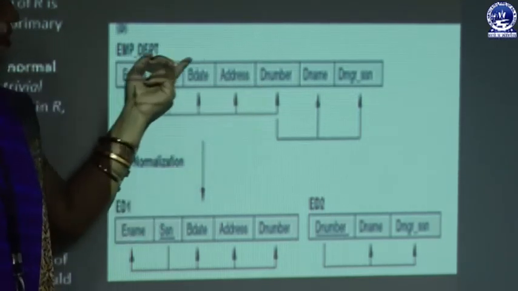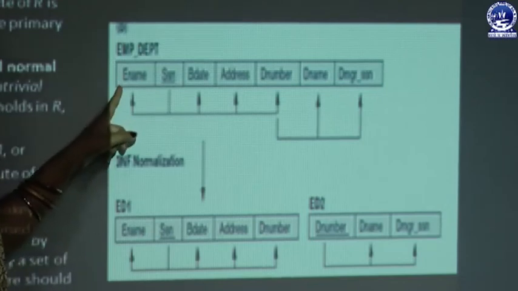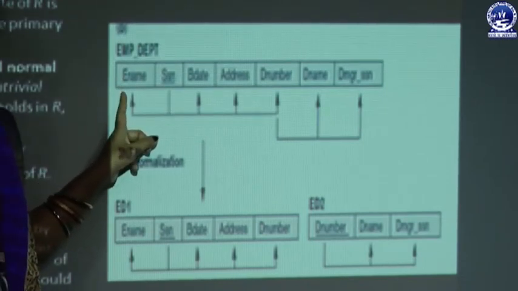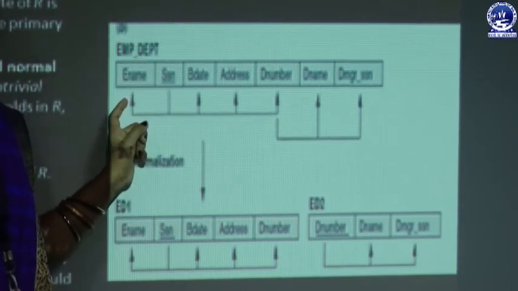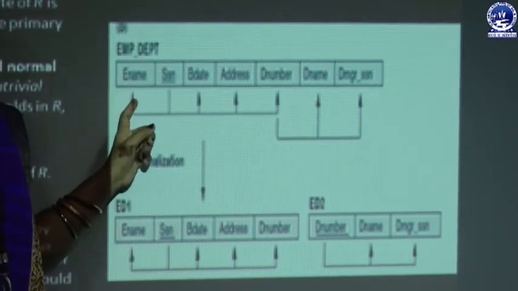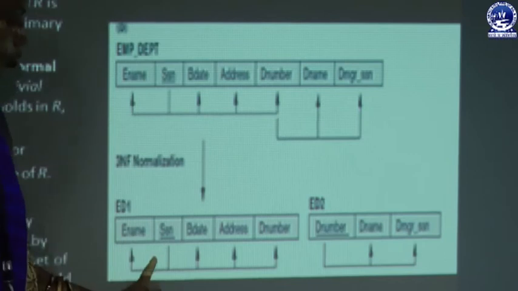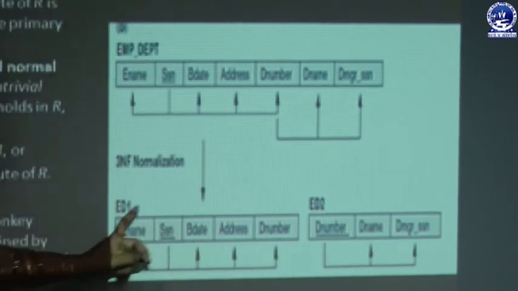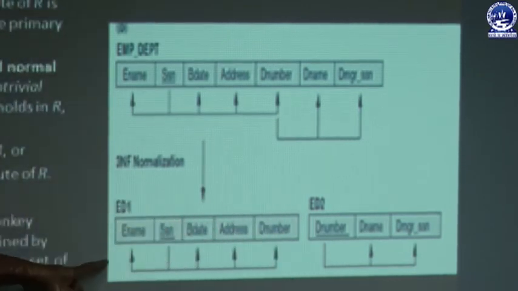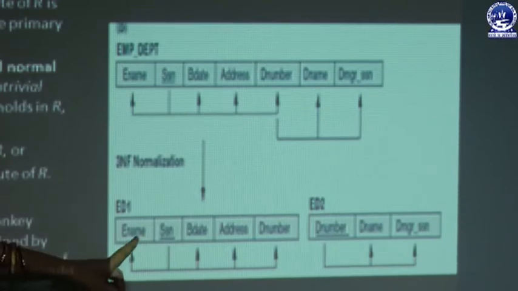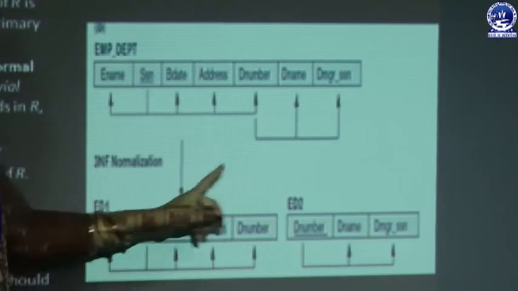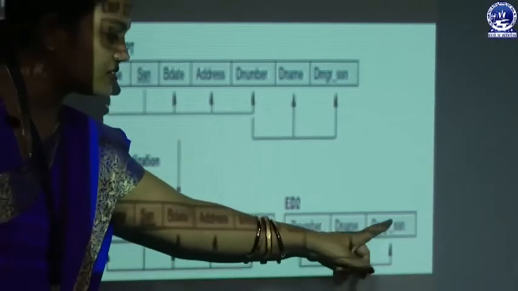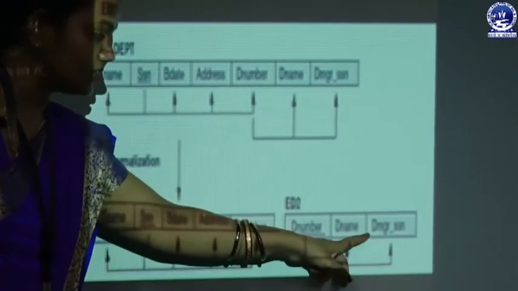So, the transitive dependency holds in this relation schema. That is why this relation schema is not in third NF. So, to convert it into third NF, we decompose the relation schema into two relation schemas, ED1 and ED2. ED1 is ename, SSN, birth date, address, Dnumber, and ED2 is Dnumber, Dname, Dmanager SSN.